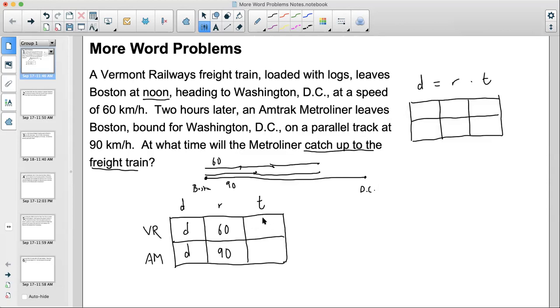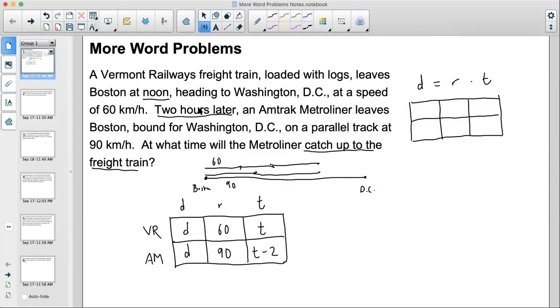So let's imagine I call this time T. This train has been traveling for 2 fewer hours because it left 2 hours later. It's actually at 2 o'clock because this one left at noon, but it doesn't really matter as long as it's 2 hours later. Whatever the time that this train has been traveling when they catch up to each other, this train's been traveling for 2 hours less. So I can write that as T minus 2.